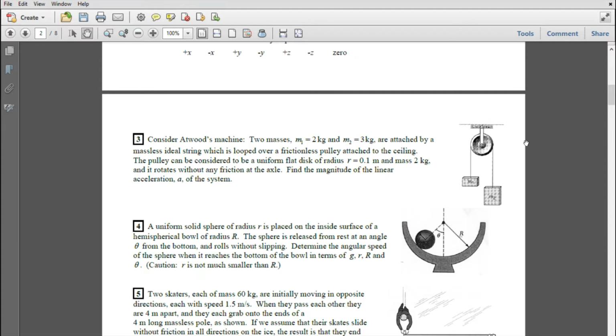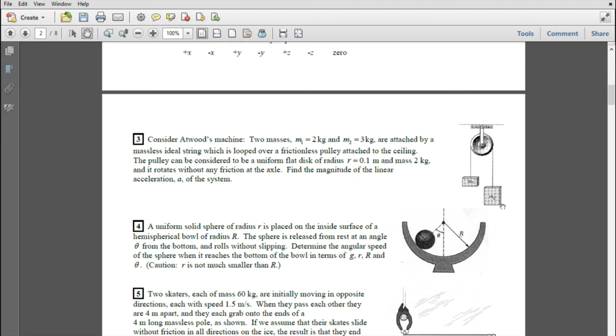We write down those 3 equations, and we've got 2 different tensions. So we've got T1, we've got T2 on this side, and we've also got an alpha and an A, and we can always change out the A's for alphas. In this case, the acceleration of this one is equal to the radius of the disk times alpha, and the acceleration of this one is the radius of the disk times alpha.